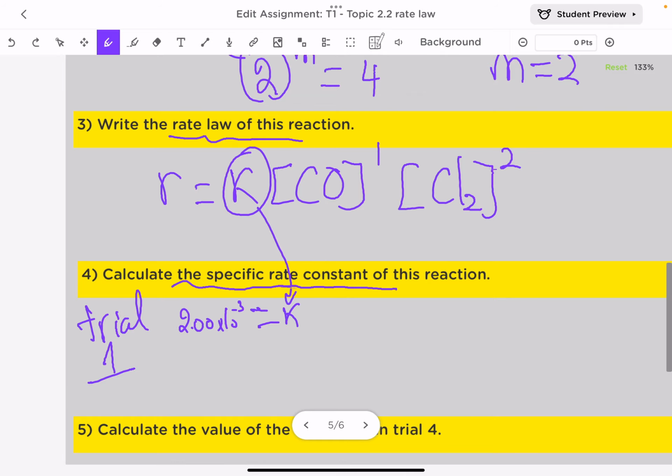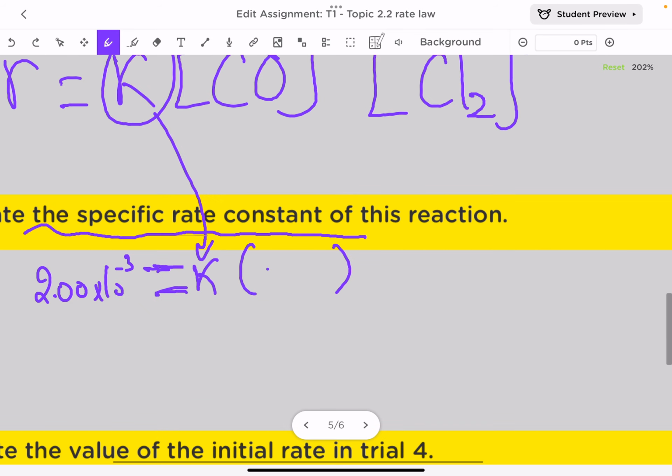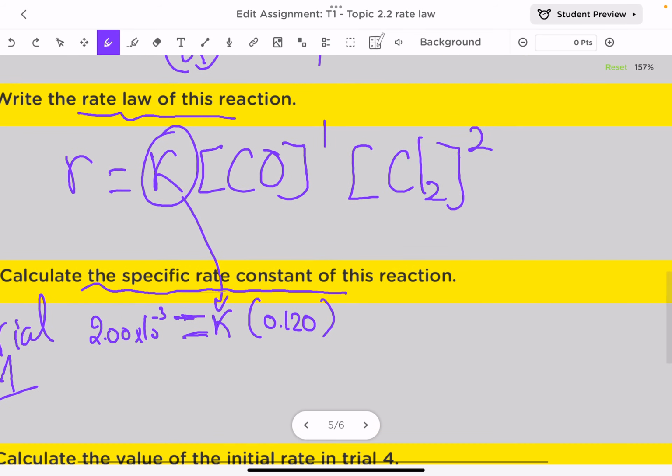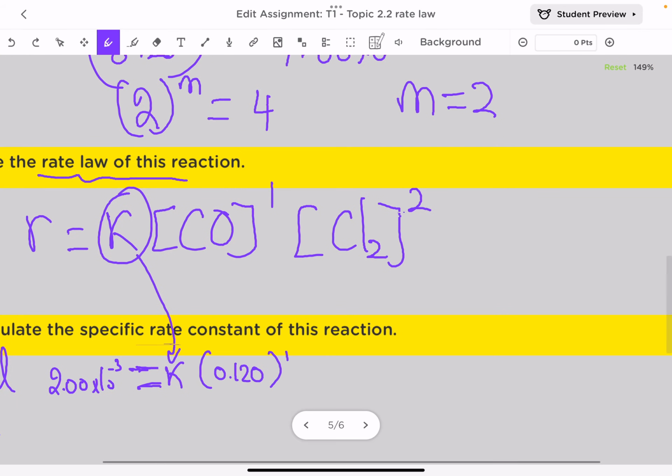K. Now, what is the concentration of CO in this trial? It's 0.120 and CO is first order, and the concentration of Cl2 in this reaction is 0.200, second order.